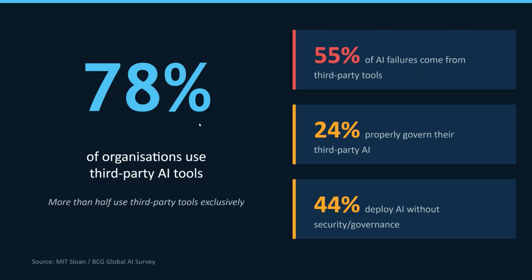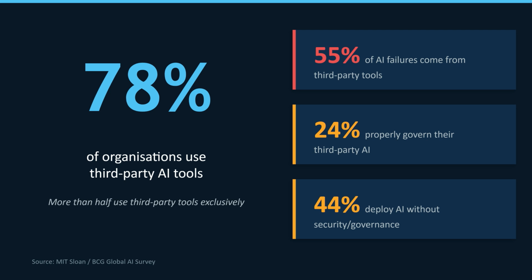And here's why this isn't such a niche problem. According to MIT Sloan and BCG research, 78% of organizations use third-party AI tools. More than half use third-party tools exclusively, and these are deployers, organizations that buy AI and don't build it. So look at these numbers. 55% of all AI failures come from third-party tools.